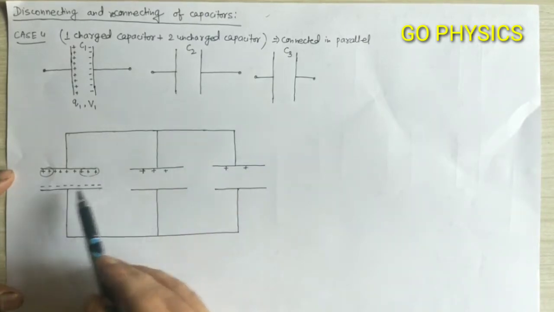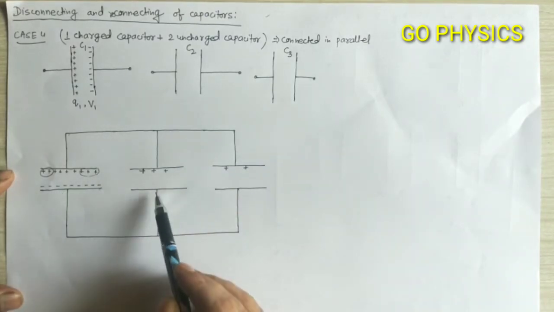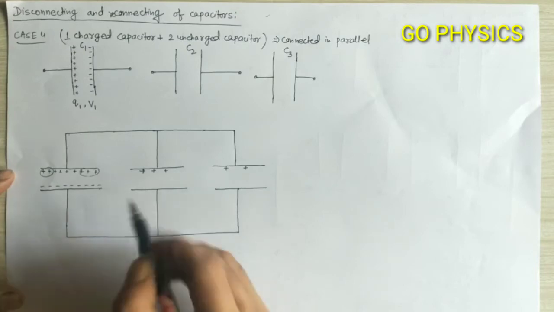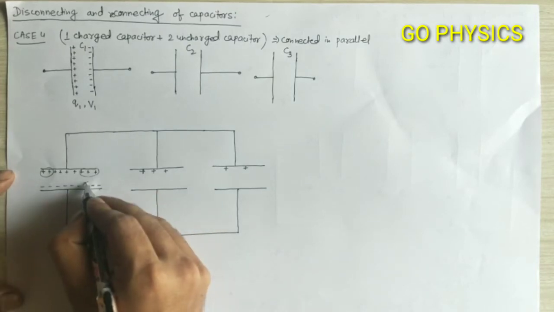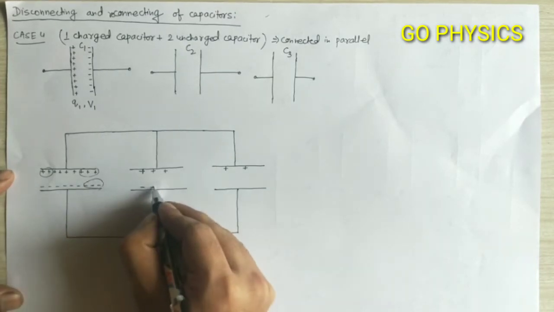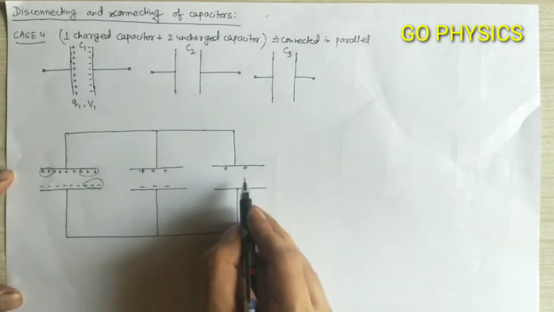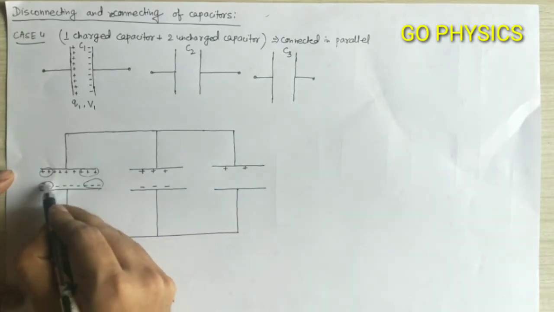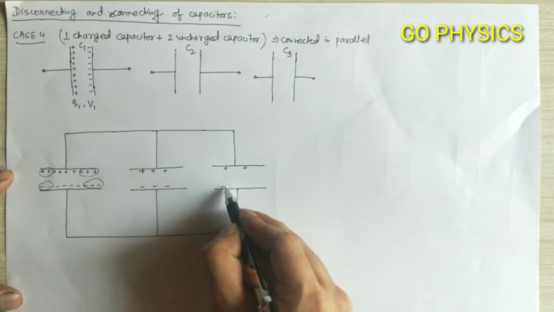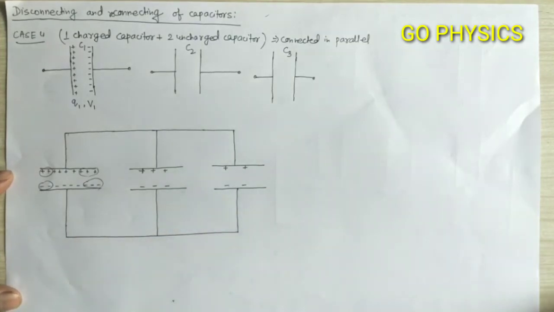The same thing will happen for the negative charge: an equal amount, here 3 negative charges, will come, and similarly on capacitor 3 an equal amount, that is 2 negative charges, will come.